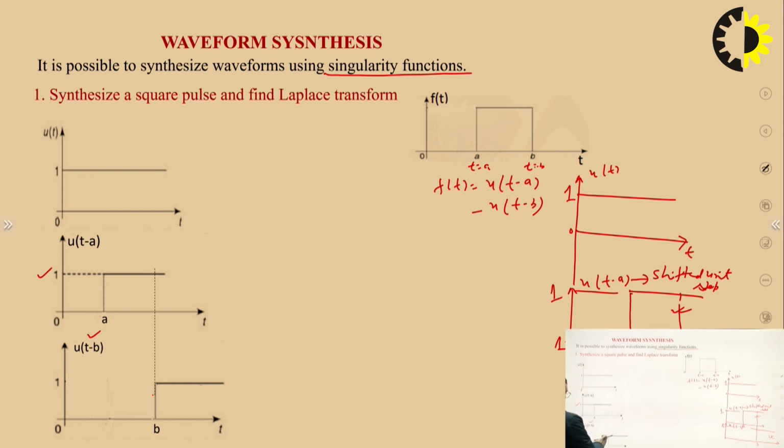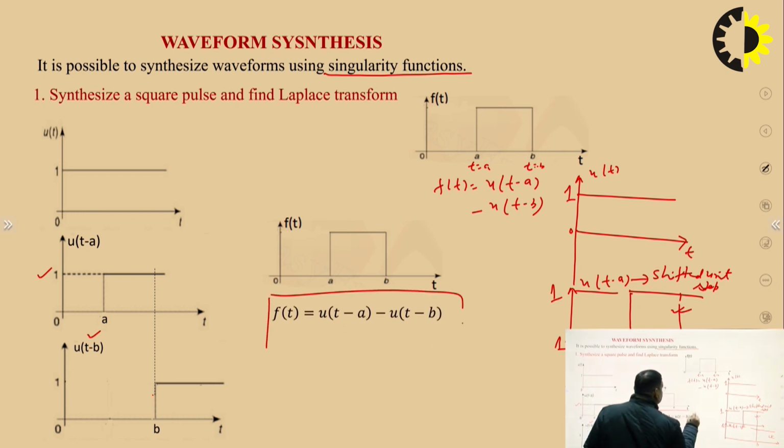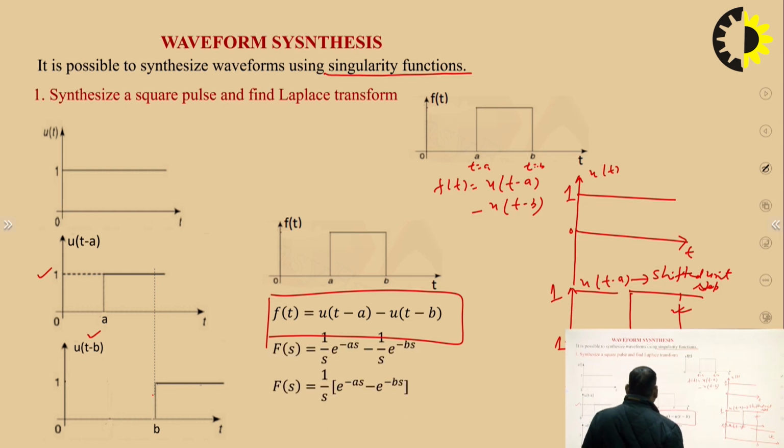So a square pulse can be synthesized or constructed using two shifted unit steps. This is the very simple waveform synthesis. We can take the Laplace transform of this.